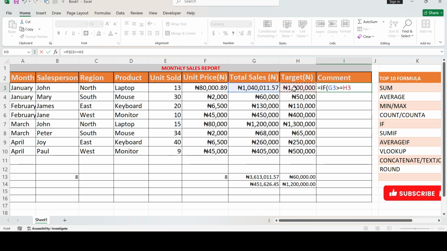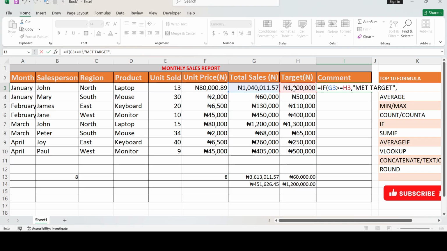If it's greater than or equal to the target, comma, you will now say met target.